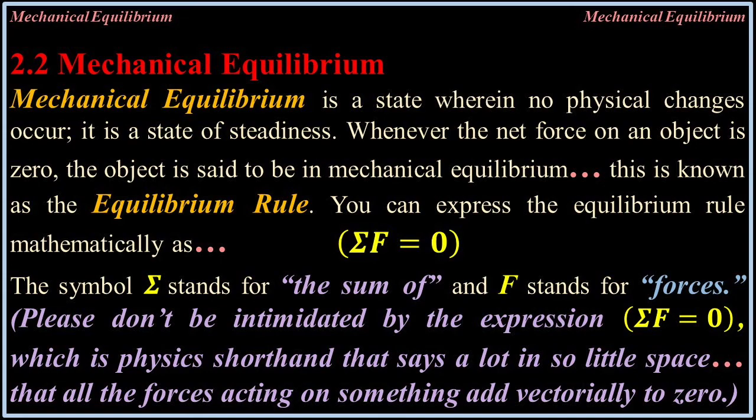The symbol sigma stands for "the sum of," and F stands for the forces. Please don't be intimidated by the expression sigma F equals zero, which is physics shorthand that says a lot in so little space: that all the forces acting on something add vectorially to zero.